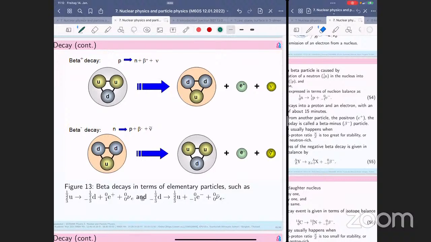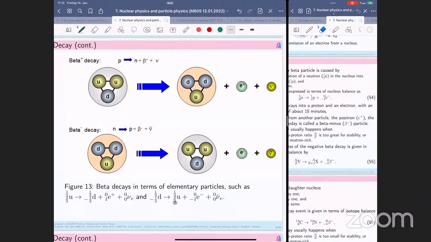We got negative 1/3, which is the amount of the charge of the down quark, right? Compared to the proton, and 1/3 of the mass number. Now we get an up quark with 2/3.